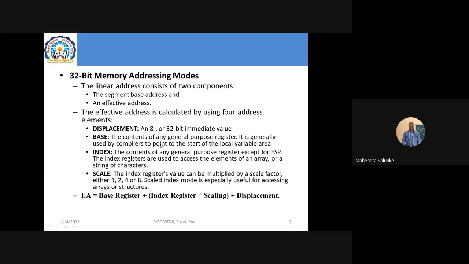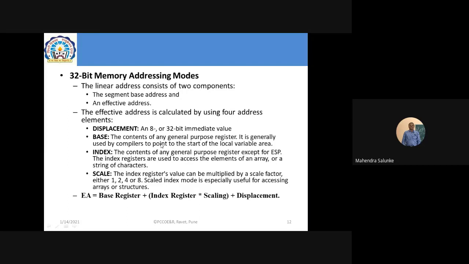To access memory, we use the linear address, and that consists of two components. The linear address consists of the segment base address and the effective address, right? The effective address we alternately refer to as an offset.